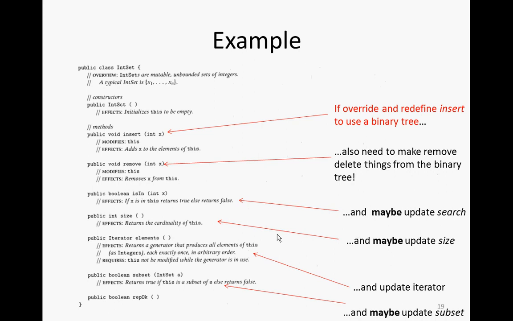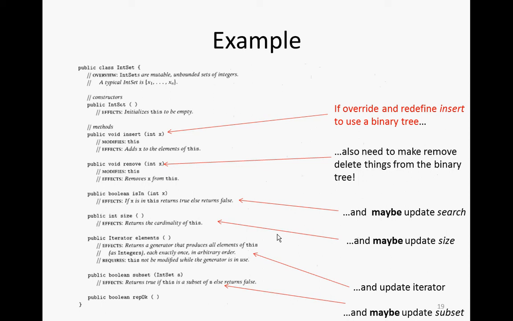So it will only take log n time to go down the tree rather than scan things in an unordered way. So we're going to override this class, and we're going to change insert to use the binary tree.